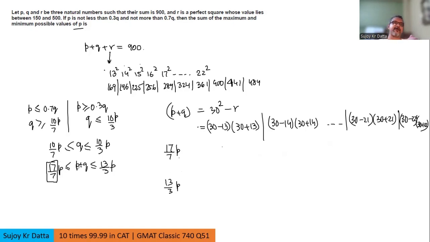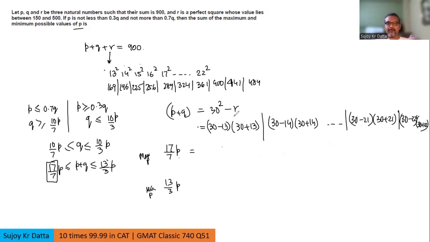That means my value of P that I get from here would be large. 13 by 3, however, is like 4 point something. So the coefficient of P is large. So when I calculate using that, that value will be divided by a larger coefficient. So that will give me a minimum value. So the minimum will come from here and the maximum will come from there.